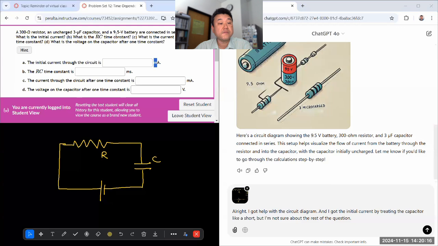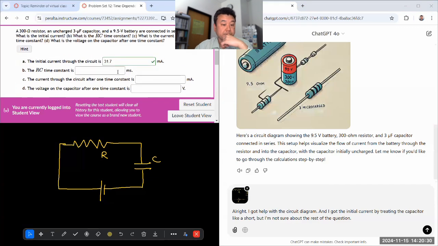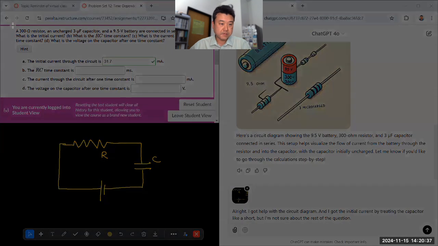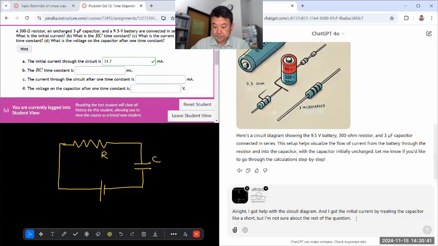So 95 divided by 3, 31.6, so 7, I think. 6 repeating. Yeah, I think that's right. Yeah, and I'll paste this in to show that I got A right.